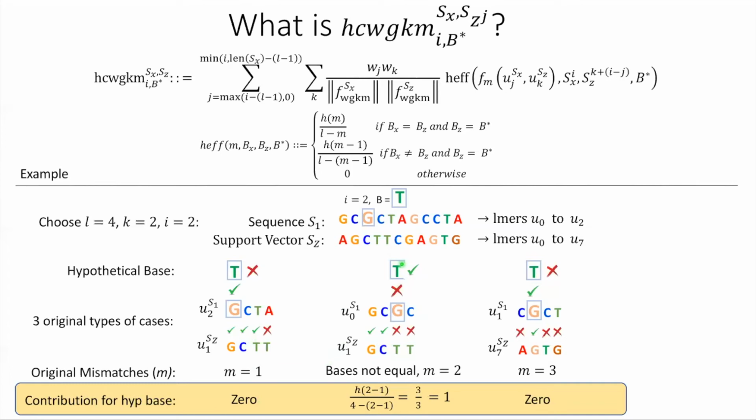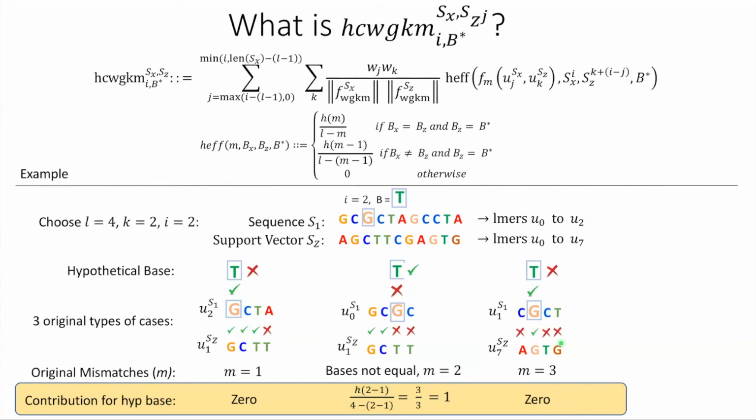So since the original set of mismatches was 2, we reduce that by 1 from 2 to 1 and calculate the attribution to the hypothetical base T as the total attribution, shown here. H of 2 minus 1 is divided by the number of matching positions, which is 3. This gives a hypothetical contribution of 1 due to this pair of kmers.